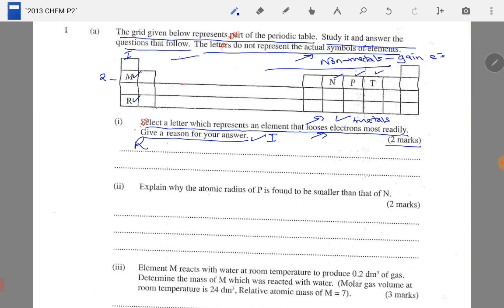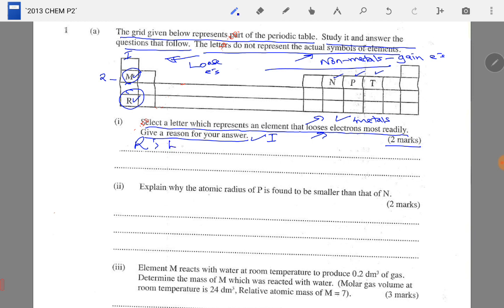So this side lose electrons. So now we are confined to the left-hand side of the periodic table and comparing M and R. Comparing M and R, it is R that readily loses electrons.